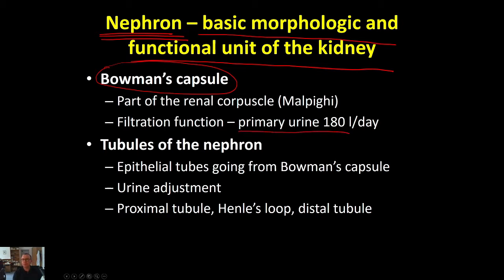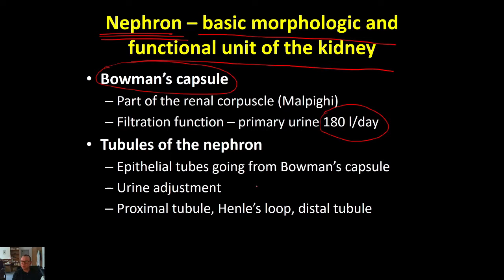Primary urine is produced in the renal corpuscle. Each kidney has about 1 million renal corpuscles, and so it isn't surprising that so much urine is formed every day, about 180 liters per day.